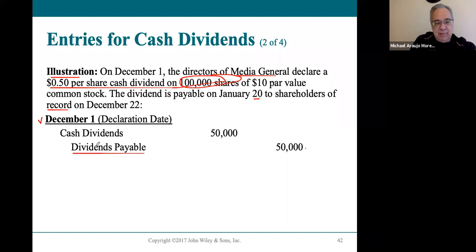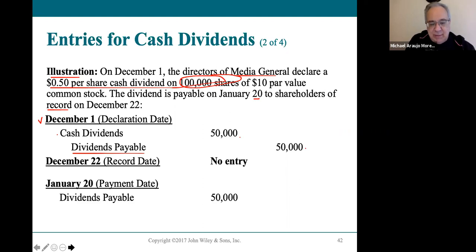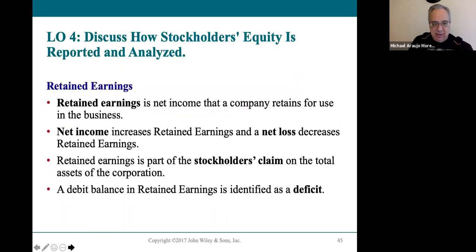That's a dividends payable, with a debit to cash dividends. What happens on the 22nd is the company will get a record of all these owners. There's no transaction here, so there's no entry that's needed. However, when they pay it, the transaction is they've paid off the dividend, so they can take that away, and they're going to credit cash to show that that cash went out. And that's basically all you need to know about the dividends.